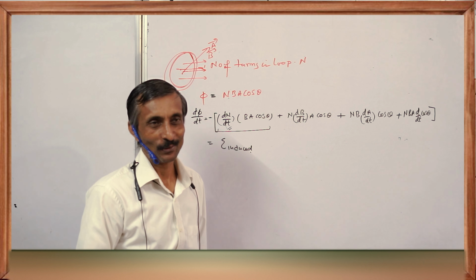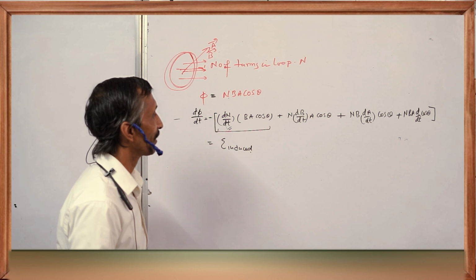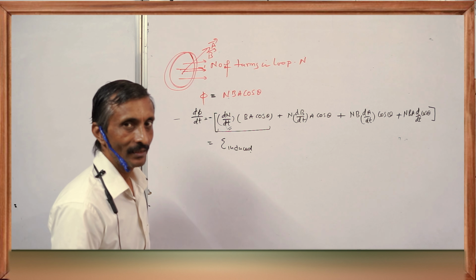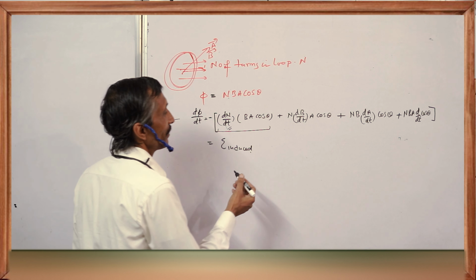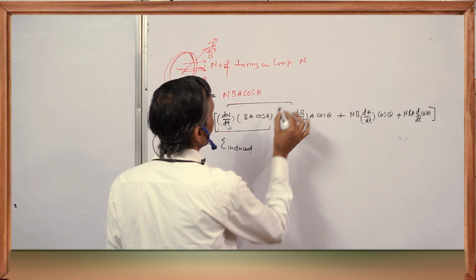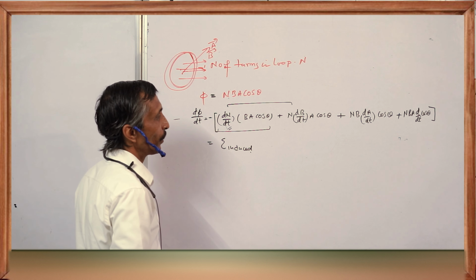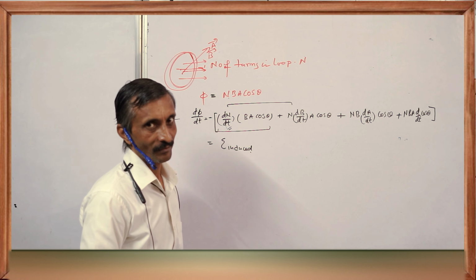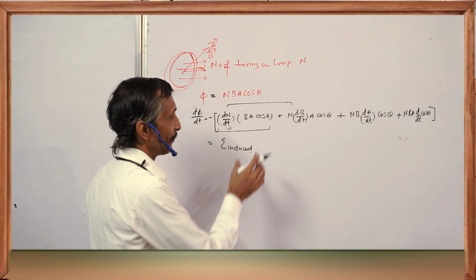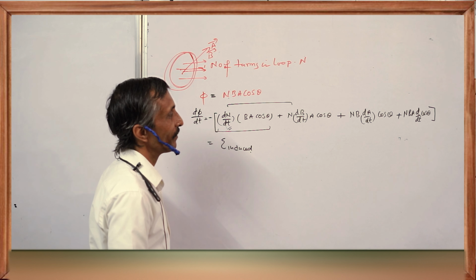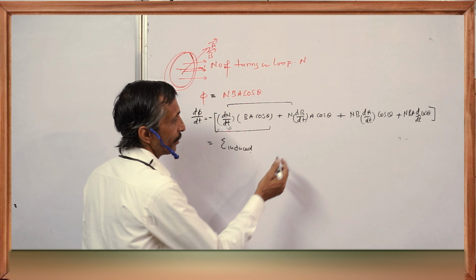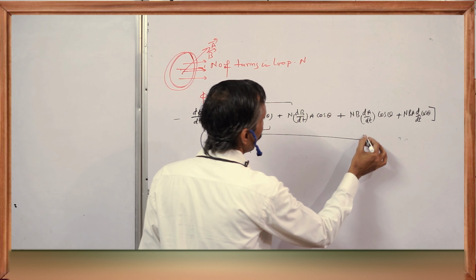Various types of questions depend on two factors, three factors, or four factors. Suppose we use two factors: the number of turns and the magnetic field are changing. Then we can make a question on this, simply using these two terms.